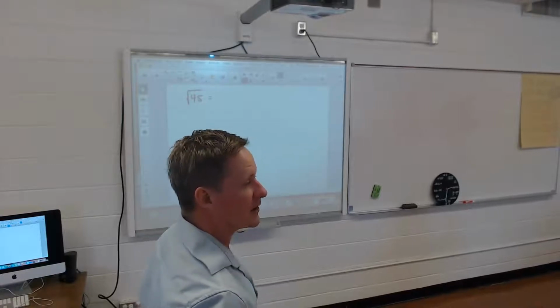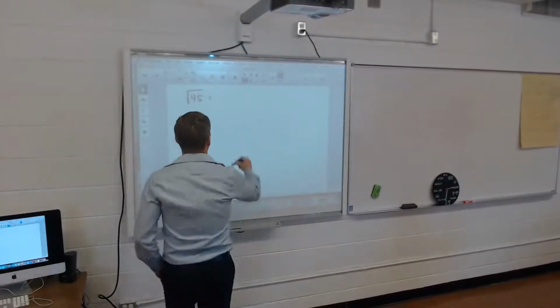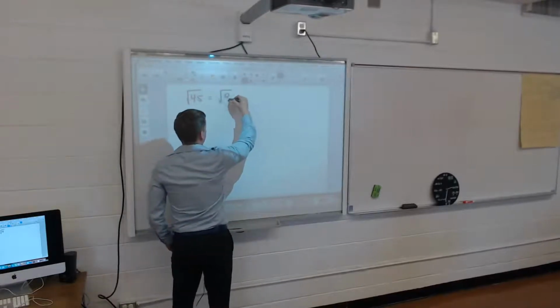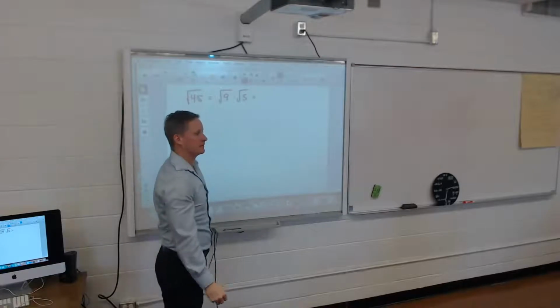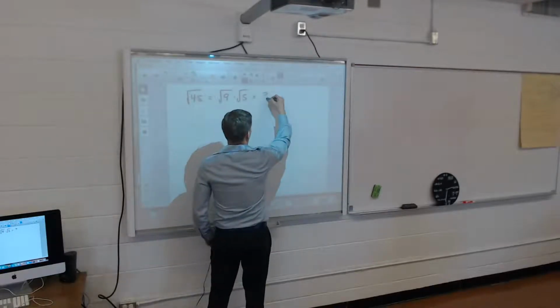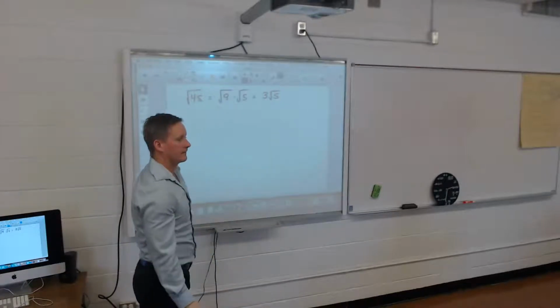Right, I'm going to find a perfect square that goes into 45. What is it? 9. So I go square root 9 times square root 5. And what is the square root of 9? 3. So I write it as 3 square root 5.